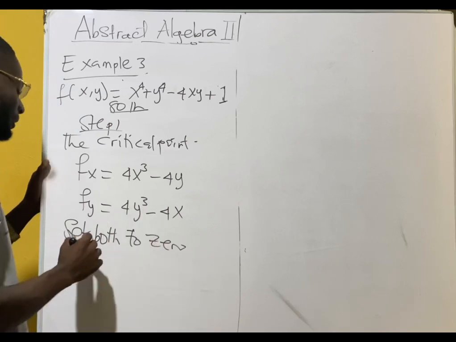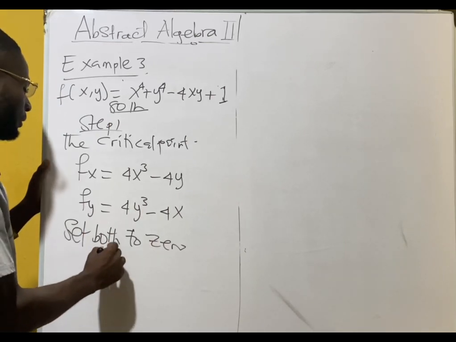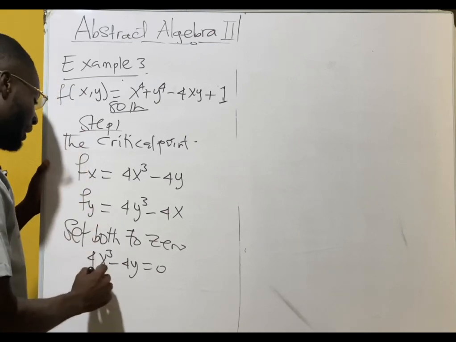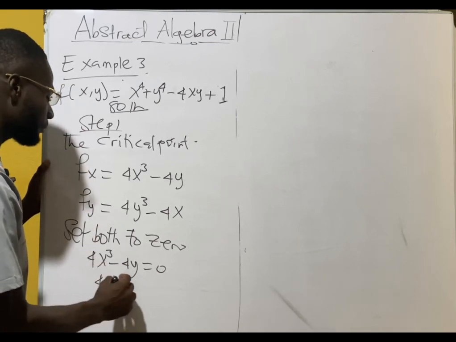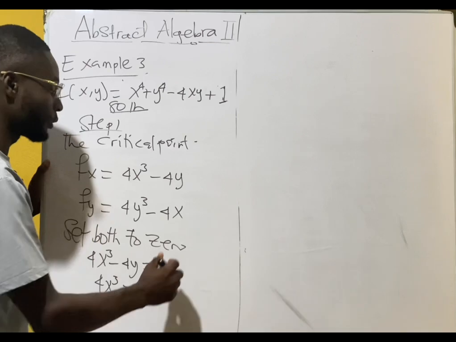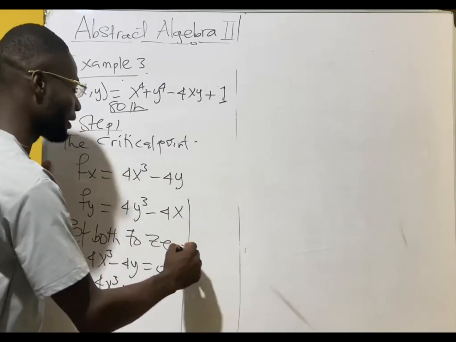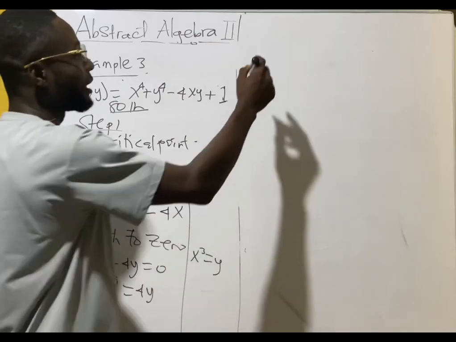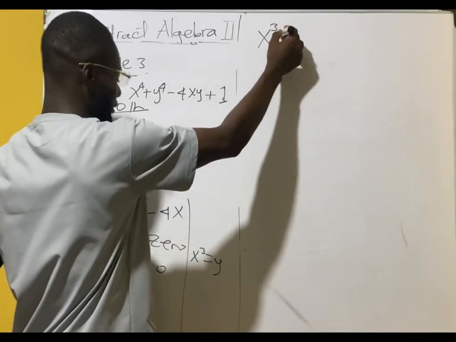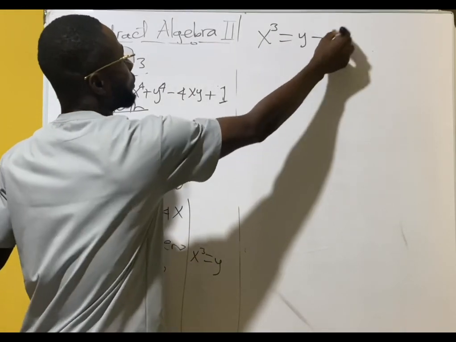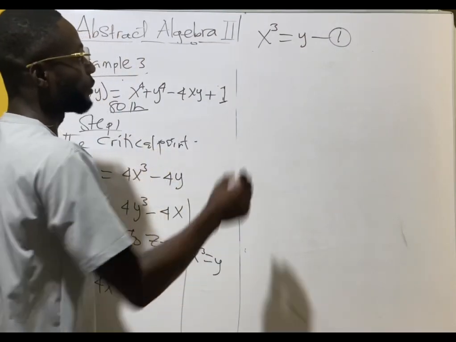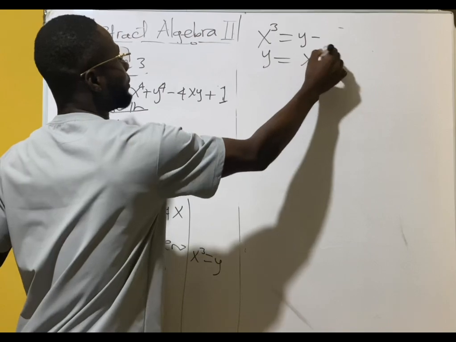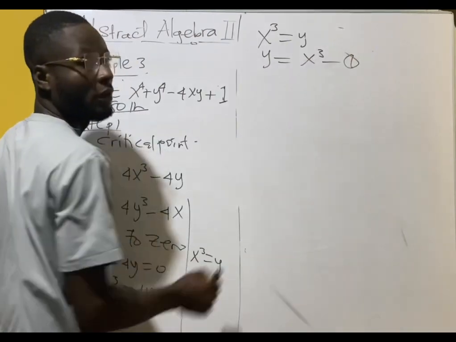So when we do that, that means that 4x cubed minus 4y is equal to 0. So we're going to have 4x cubed equals 4y. So basically, this is telling us that we have x cubed is equal to y. So let's consider that as equation 1, or we can rewrite it and say y is equal to x cubed, equation 1, right?